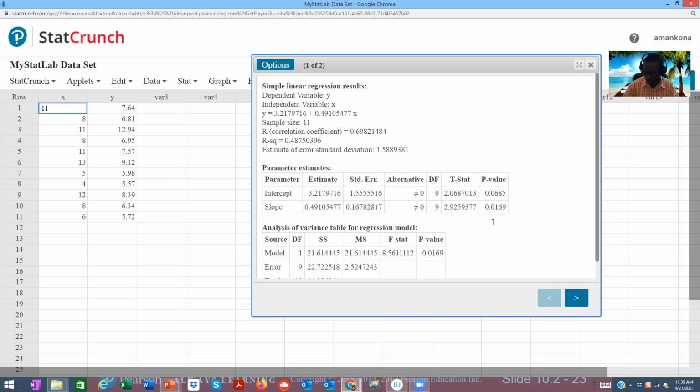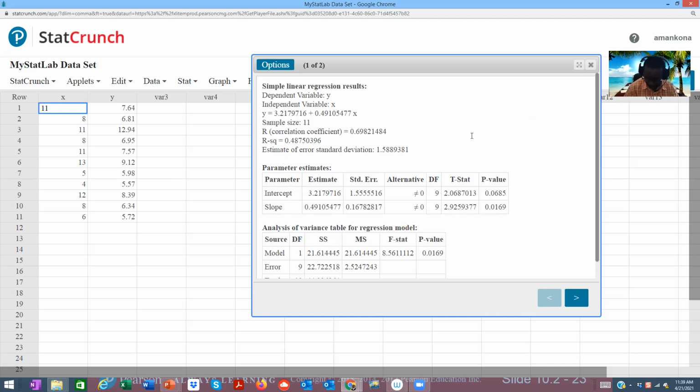So we have our p-value, 0.0117 to 3 decimal places, which is this one here. That's the p-value. My R is 0.698.